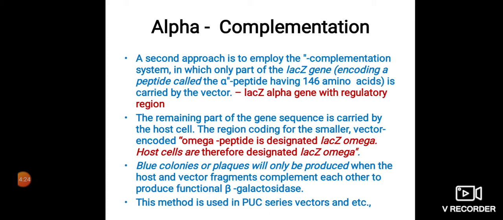If the alpha part and omega part are present together, only then will this beta galactosidase enzyme be active and able to remove galactoside from the X-GAL.